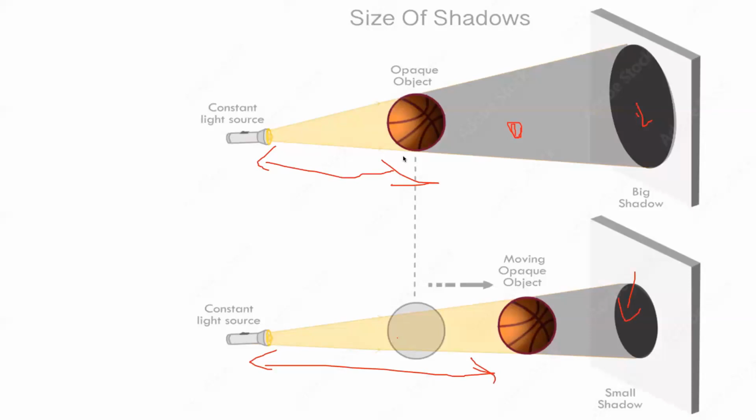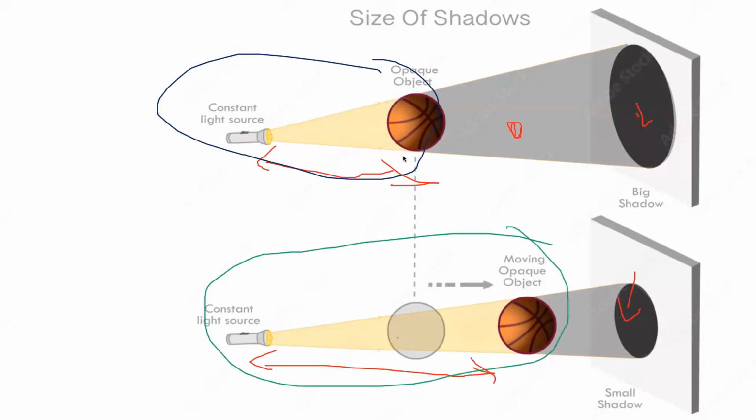So I repeat again, the shadow of the object becomes bigger if the light source is moved closer to the object, as shown here. However, the shadow becomes smaller if the light source is moved further away from the object, as shown here.